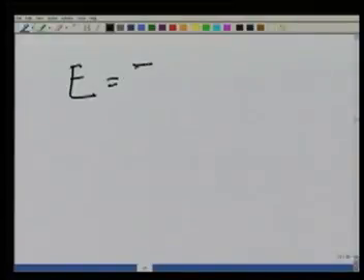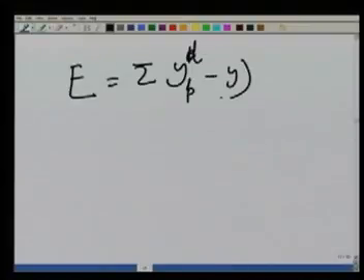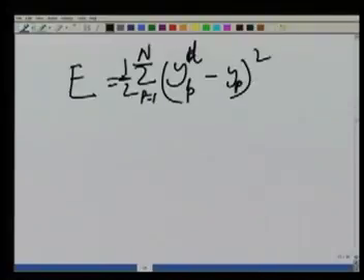Now, you see this E, which I am writing as sigma ydp minus y whole square. I missed this half earlier, as that is customary, because normally the energy function is written as half mv square, from that this half is coming here. So, half ypd minus y square, p equal to 1 to n patterns.